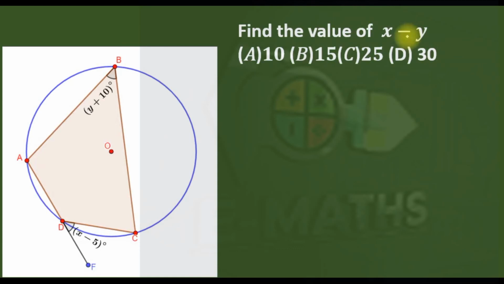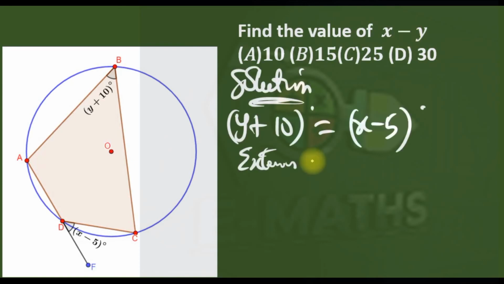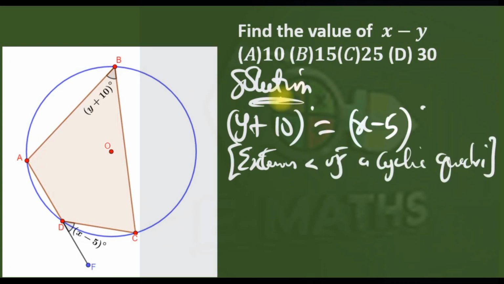Y, exterior angle of a cyclic quadrilateral is always equal to the opposite interior angle. So remember, we asked x minus y, so we move the degrees off. Y goes over to that side to be minus y. Minus 5 comes over to be 10 plus 5, which is 15. So our answer is 15, option B.